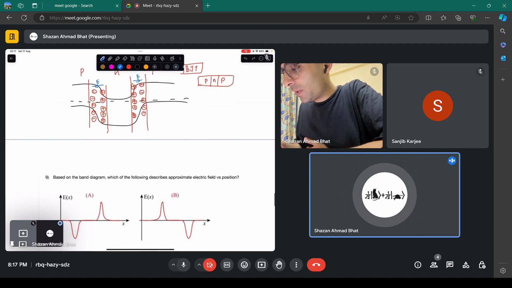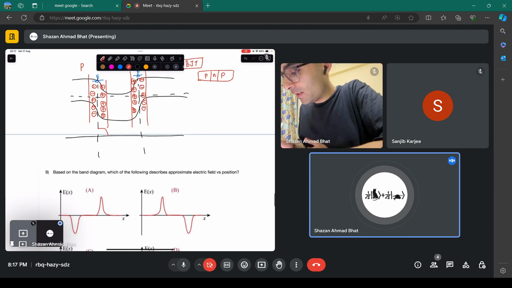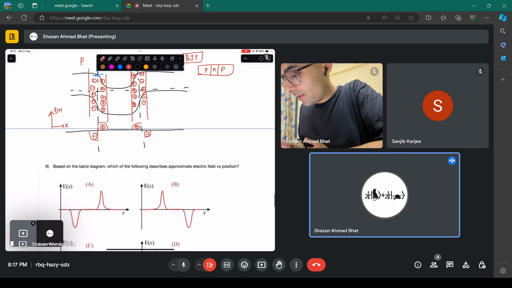Now you draw the space charge diagram of this. Let's say this is this region. You consider the charges to be uniform. This is positive charge, this is negative charge. This is positive charge, this is negative charge. Here this axis is rho of x, this is x, and this is the space charge diagram of it.